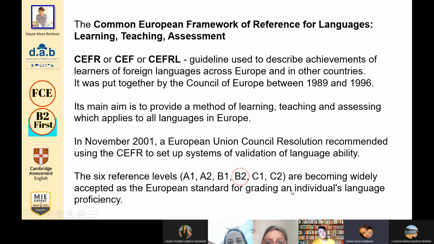C2 is equivalent to CPE, which is really a hard exam. And C1 is also CAE. It is the one that shows real fluency and a very big command of the English language. B2 is equivalent to upper intermediate, then C1 is advanced, and C2 would be the very advanced.